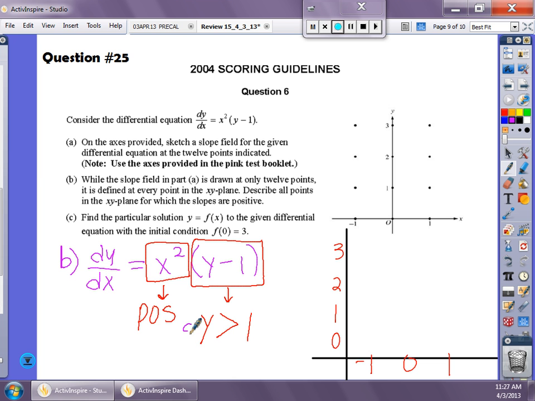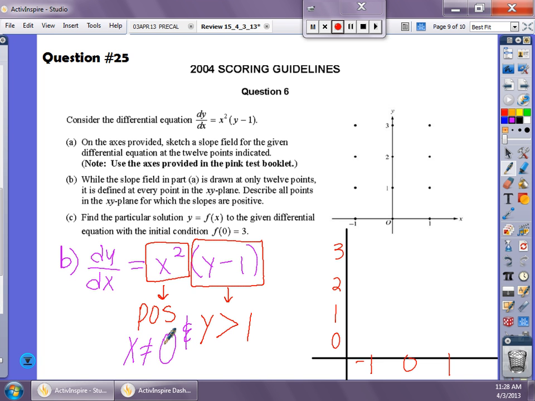So in this case, you always have to have the extra statement of make sure that the x squared isn't 0 if you want the slope to be positive. So you need both parts to get your full credit. You would lose the point of the answer in this case. I believe this probably only comes with 1 point. You would lose your whole point by not putting that in, even though you probably know and it's easy.